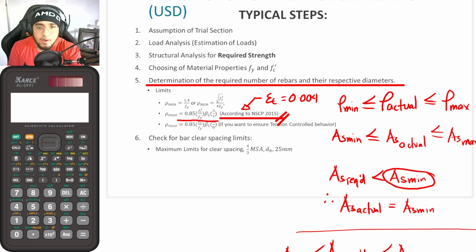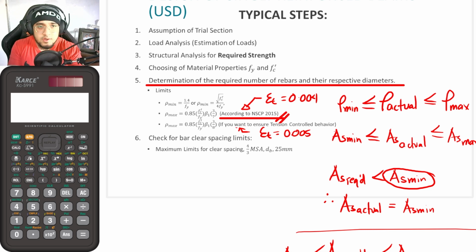And for rho max here at the bottom, if you want to ensure that your reinforced concrete beam will undergo tension control, this is in reference with strain epsilon t equal to 0.005.